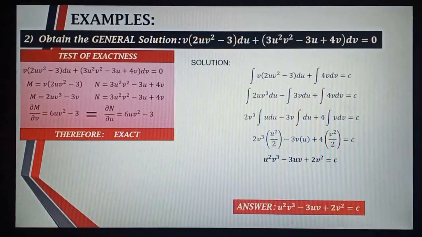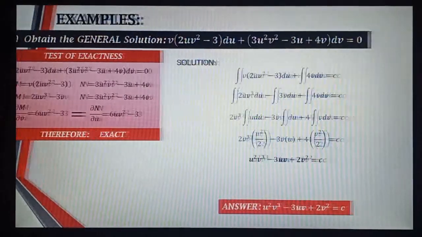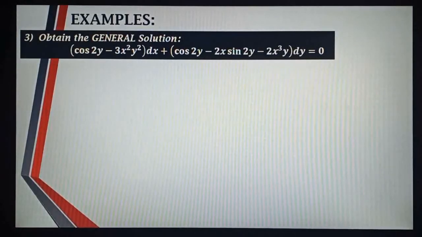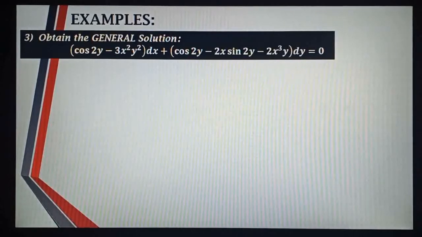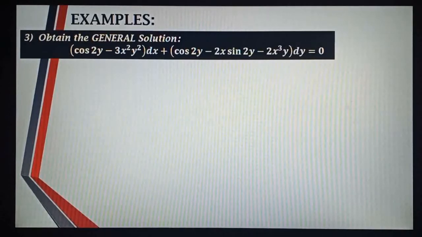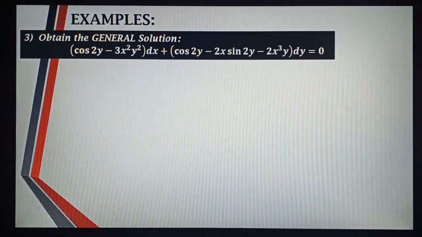Now, let's go to example number 3. We have to obtain the general solution of this equation. The equation given is the quantity of cosine 2y minus 3x squared y squared multiplied to dx plus the quantity of cosine 2y minus 2x sine 2y minus 2x cubed y multiplied to dy equated to 0.